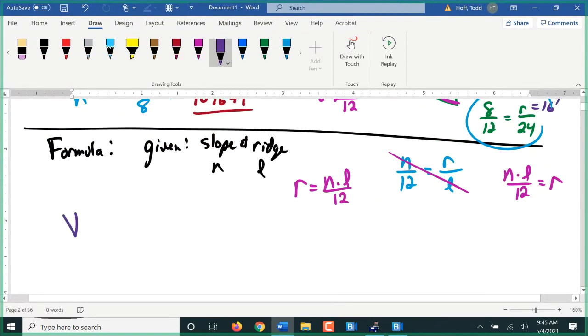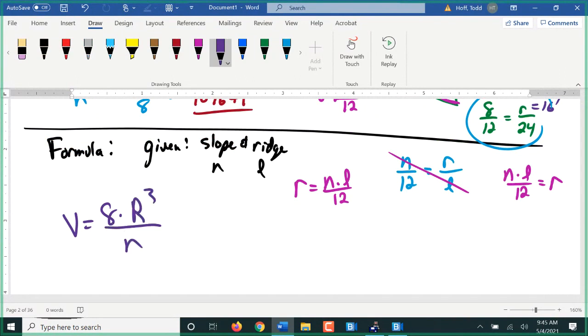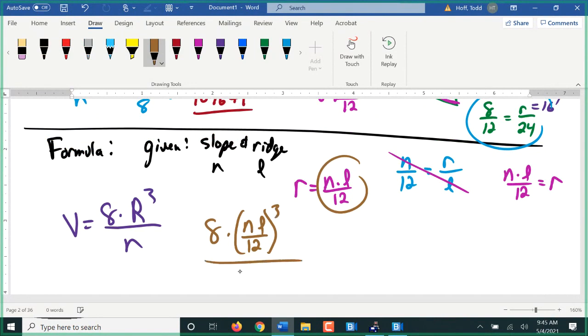I'm going to use the formula, the volume equals 8 times R cubed over N. So I'm going to put in this for R. This is going to be NL over 12 cubed over N.